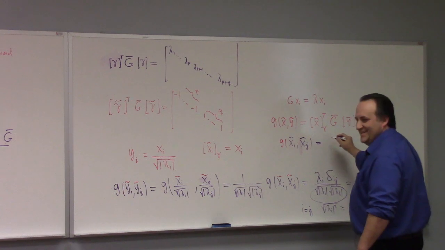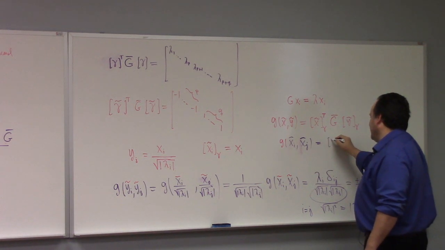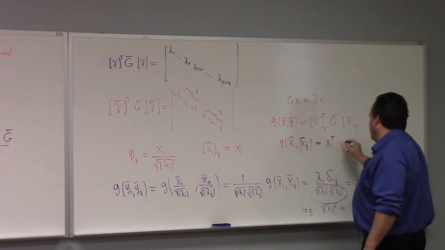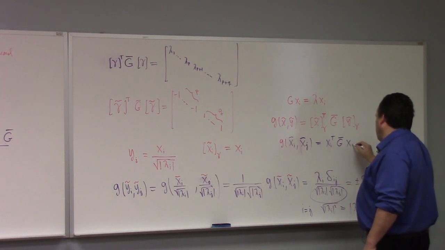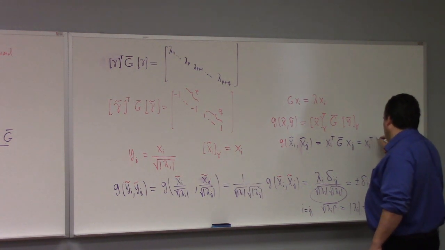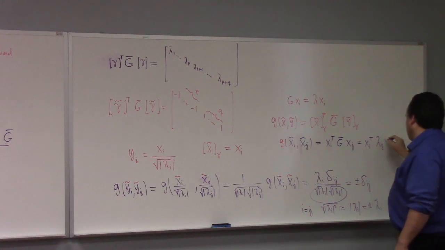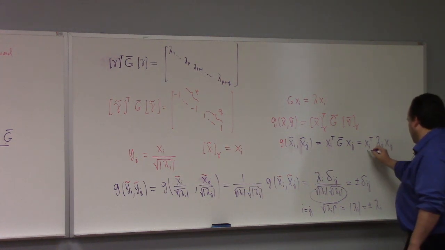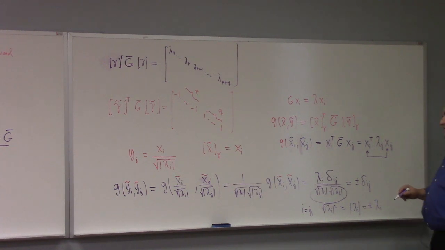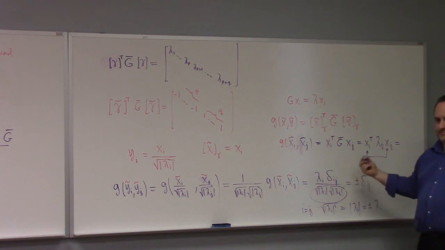So I get x_i transpose g bar x_j, which is x_i transpose lambda j x_j. But remember, these are orthonormal. Anyway, so that's why I have that. All right.